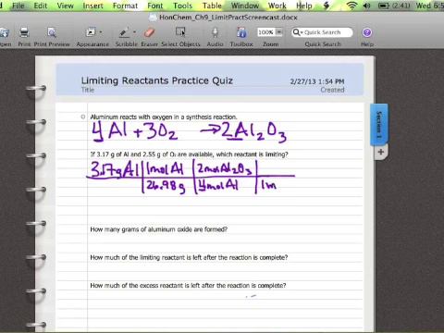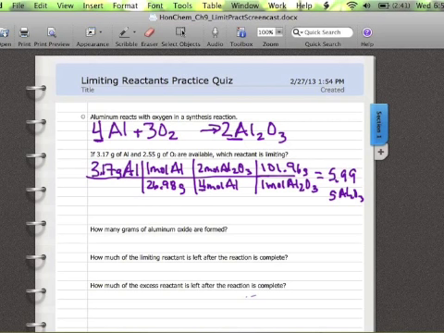So 1 mole goes on the bottom of Al2O3, and my molar mass of Al2O3 goes on the top, and that is 101.96 grams. Okay, after I have that set up, I'm going to do my calculation. That comes out to be 5.99 grams of Al2O3. So that's my first problem.